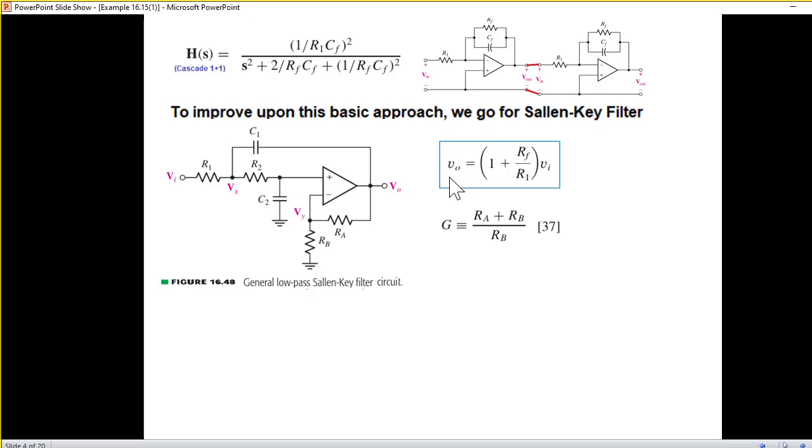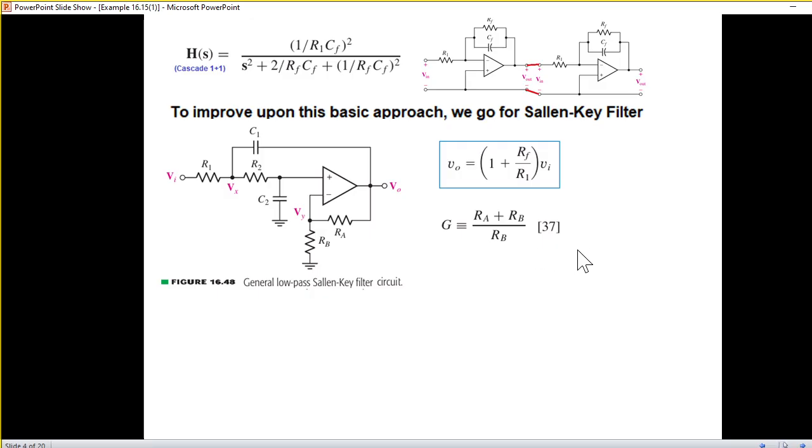And we know that the relation between output and input is like this. So if you bring it here, this will be the gain. So gain in this case, instead of RF and R1, we have RA and RB. So the gain for this filter can be written as RA plus RB divided by RB.